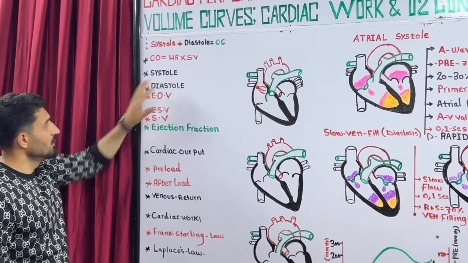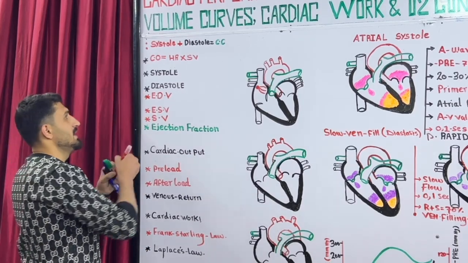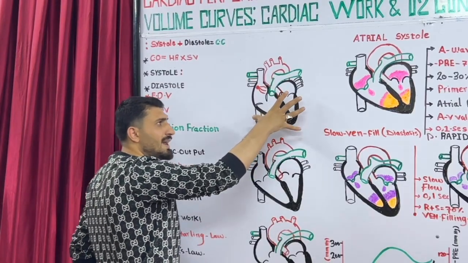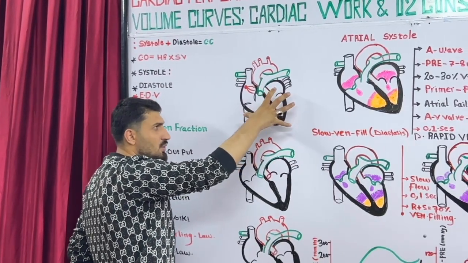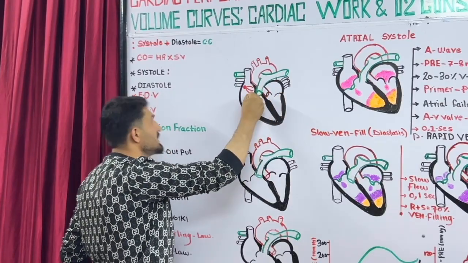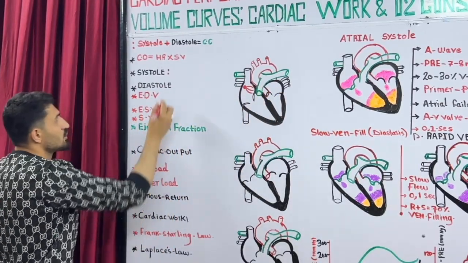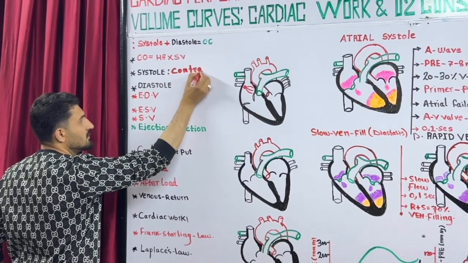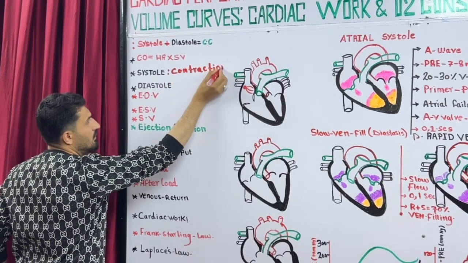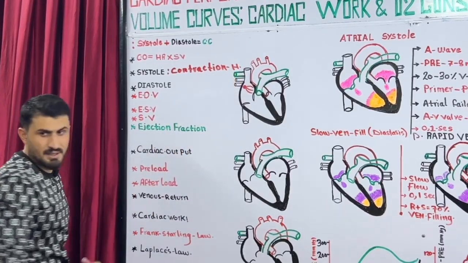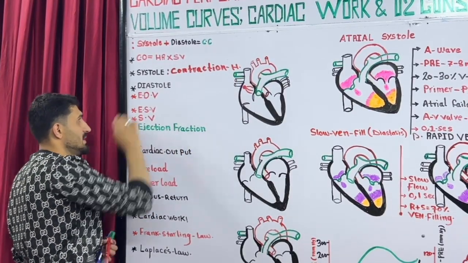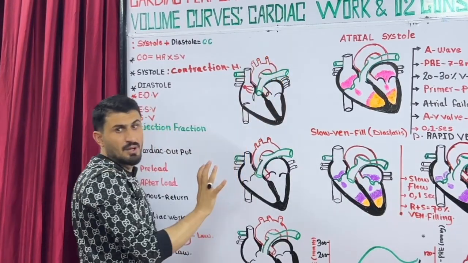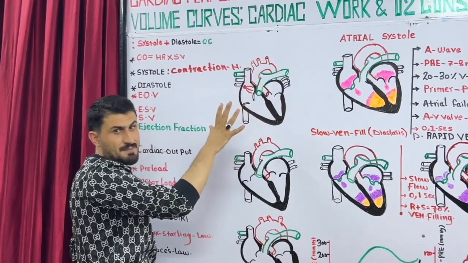First of all, what is systole? Listen to me carefully. When the heart contracts, this contraction phase of the heart is called systole. So systole means contraction of the heart. Now about diastole. When the heart contracts, it pumps blood to the different systems of the body.